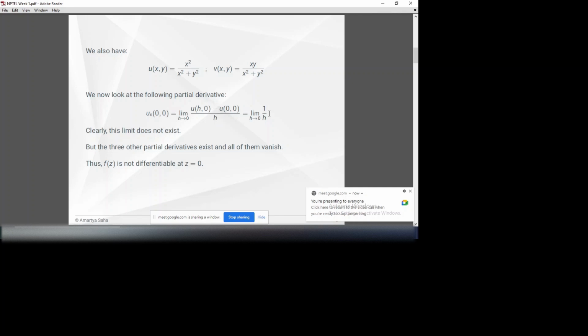So we immediately recognize that this limit doesn't exist. So u_x at point 0, 0 doesn't exist.